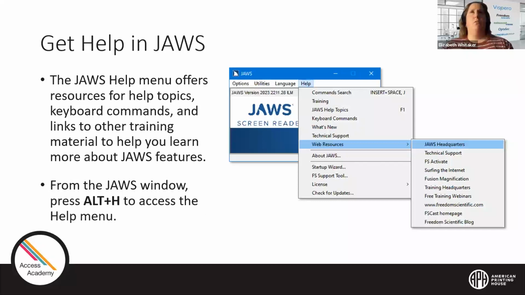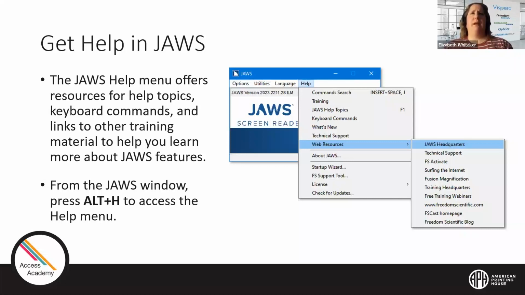When you're in the JAWS window, you can press Alt-H, which will take you to the help menu. From there, you're going to be able to navigate that menu with your arrow keys. You're going to find the JAWS basic training. You're going to find help topics, which give you specific help for specific features of JAWS.